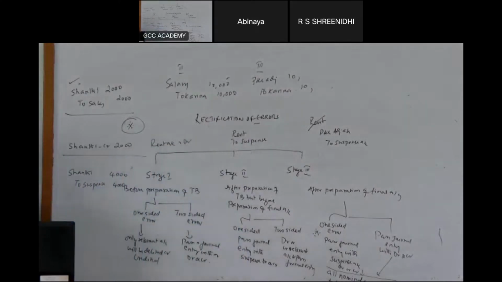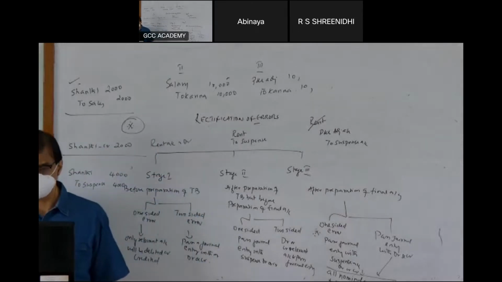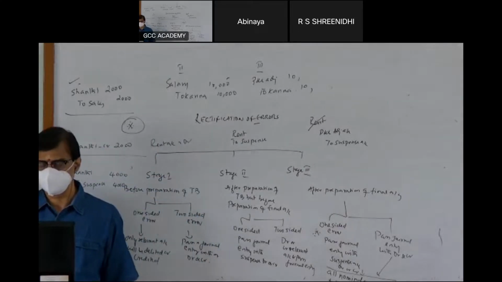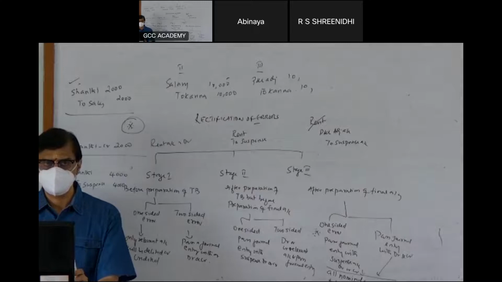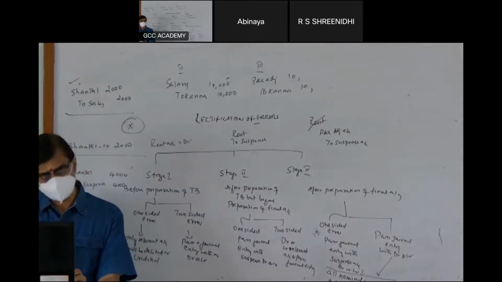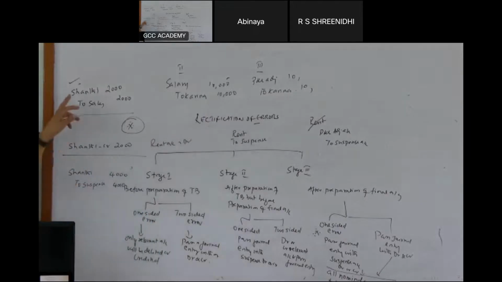It's a one-sided error. So can you explain how we got 4,000? See, the point is, Shanti should have been debited by 2,000, and instead of a debit, they were wrongly credited.